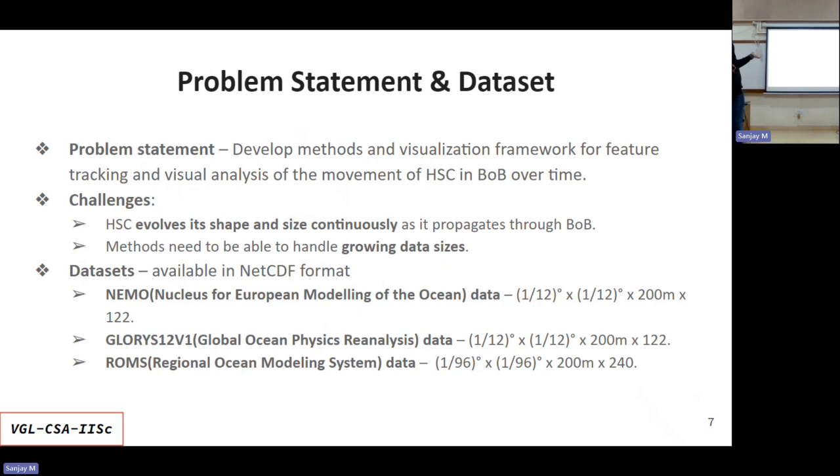And we use two other data sets. One is global reanalysis, which is the same size, and we have a ROMS dataset which has a higher resolution, which is 1/96th of a degree. So 1/96th of a degree is around a kilometer in length, and 1/12 of a degree is roughly around 10 kilometers in length.